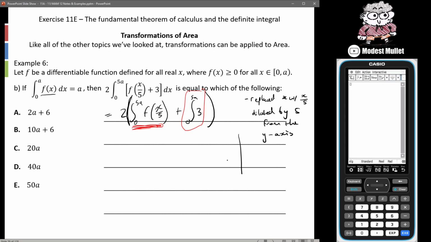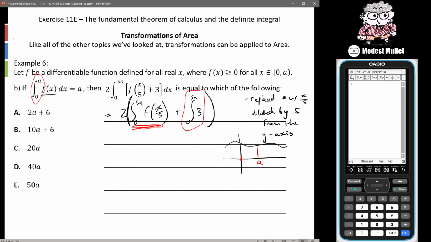Okay. So if we think of what our original shape is, hold on, replace x with x on 5, yeah, dilated by 5 from the y-axis. Okay, if we think of what our original shape may be, again some squiggly line, and we're going between, in this case we're told our original shape is between 0 and A, so that's A there.